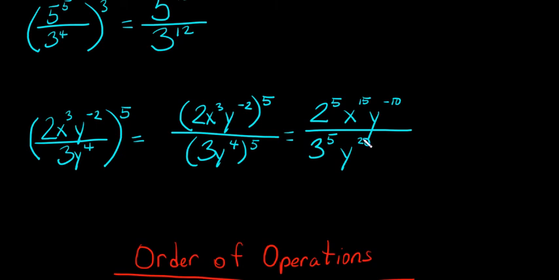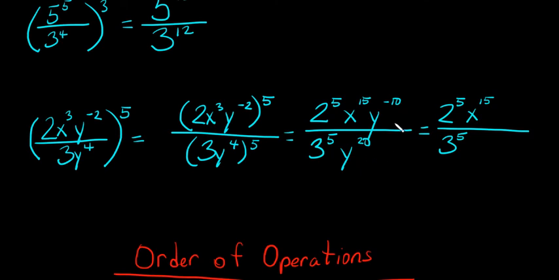Let's do some reducing here. Let's do 2 to the 5th. I'm going to leave my 3 to the 5th down here. I don't have any x's in the denominator, so that's going to stay x to the 15th. But I have some y's in the denominator, and we said that we would subtract them, right?